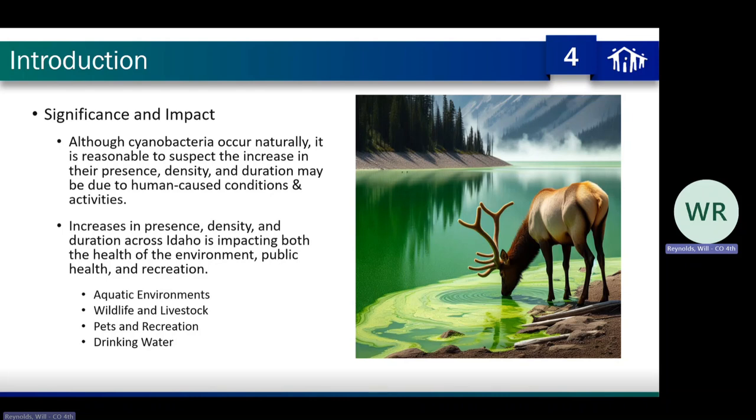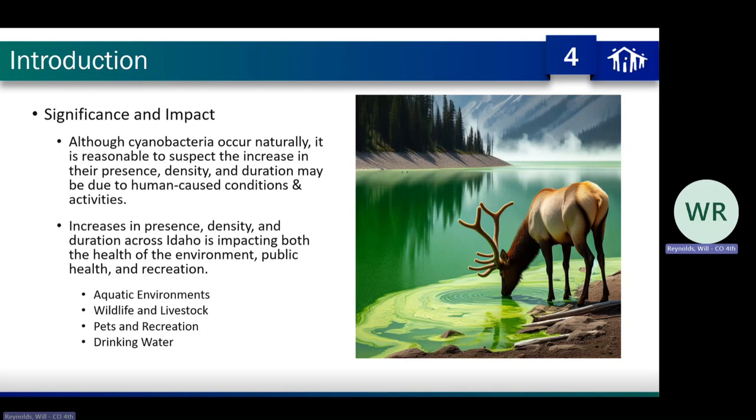Increases in presence, density, and duration across Idaho is impacting both the health of the environment, public health, and recreation. So when we think about aquatic environments, oftentimes we're thinking about fish and other animals and plants that occupy these types of environments.